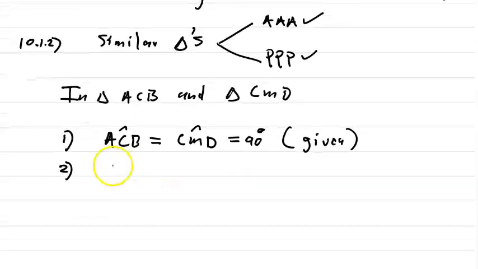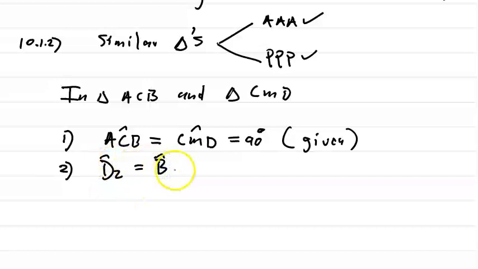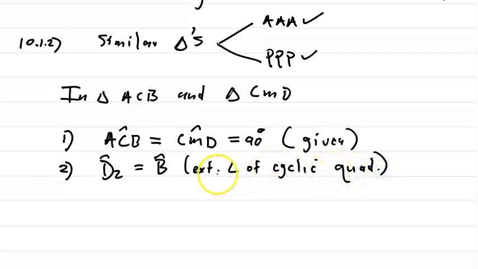Second statement: D2 equals B, and that's the exterior angle of a cyclic quad. Remember that the exterior angle of a cyclic quad is equal to the interior opposite angle.